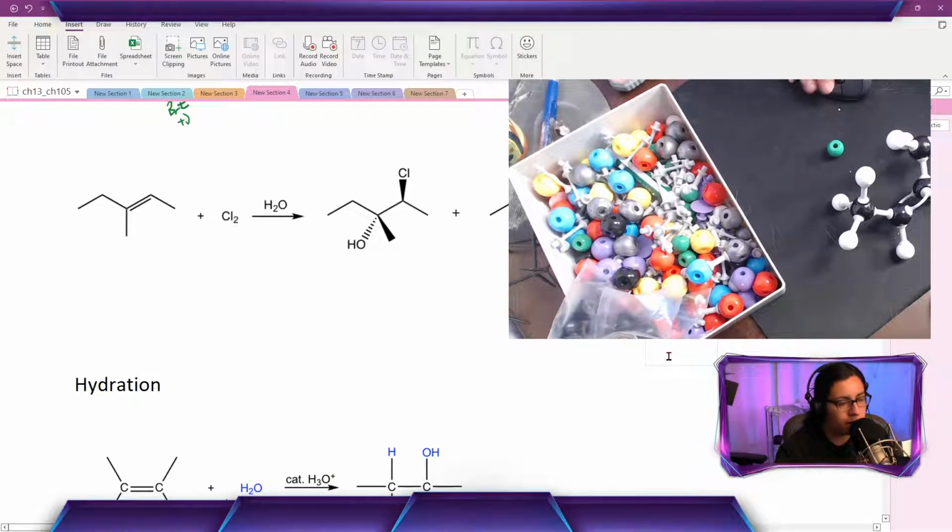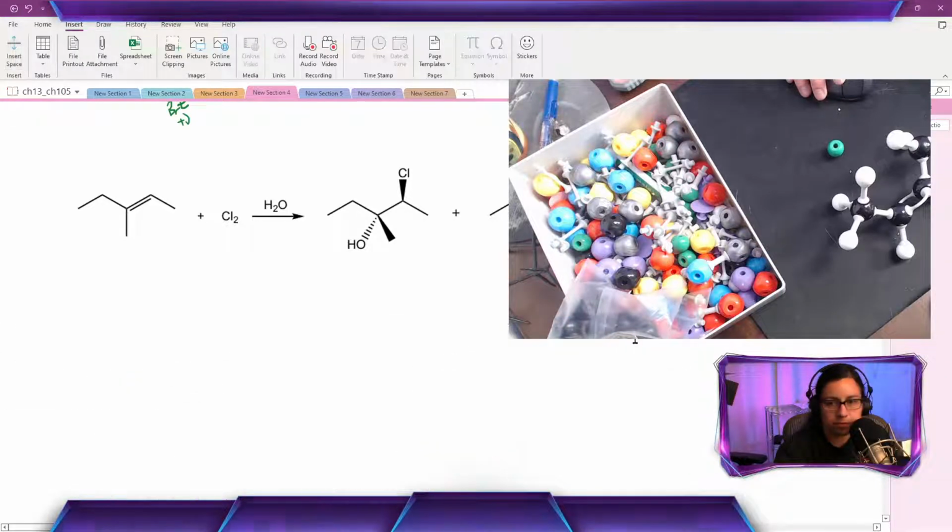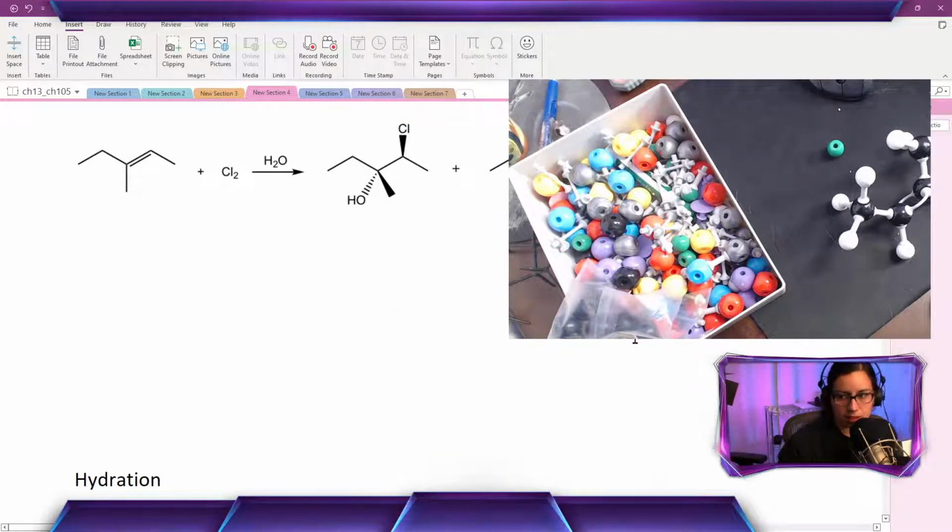So now looking at this one, we have a couple of things that we want to look at. So why is the chlorine on this carbon and not this carbon? So let's look at that.